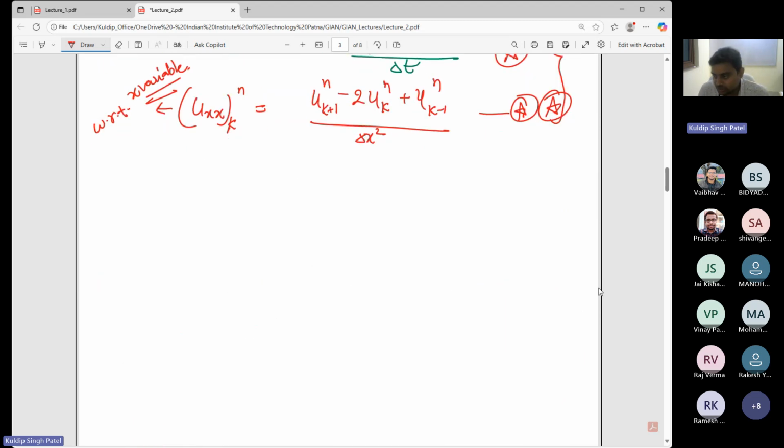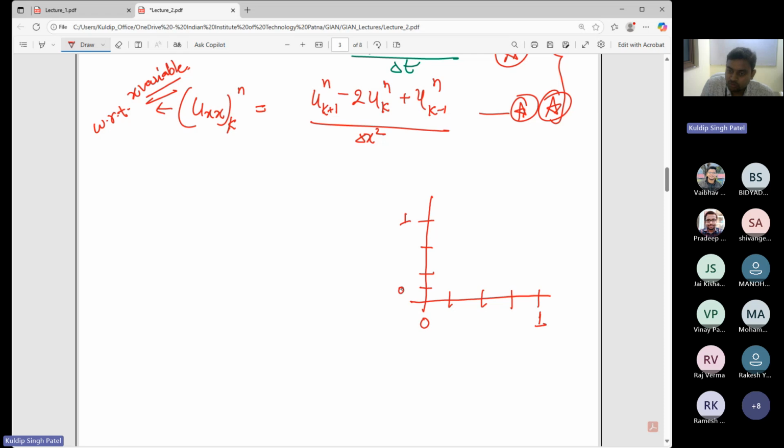Let me complete it. If it is not clear to you, I'll come back. So let us define a smaller grid so that I can explain by forming the equation. This is -1, this is 0, this is 1. We are dividing it into only 4 points, which will be easier.